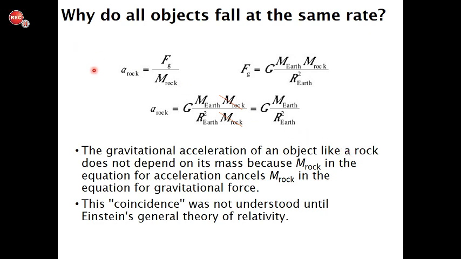So we talked about objects falling, and all objects fall at the same rate. We can actually calculate the forces on different objects. And effectively what happens is the mass of the object cancels out. The thing that governs the acceleration of an object is the Earth's mass. That seems an unusual thing because when we talk about mass, we kind of talk about different sorts of mass.